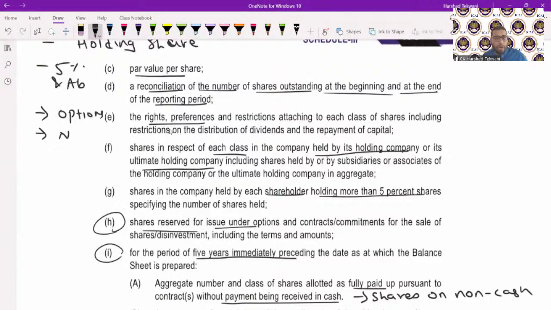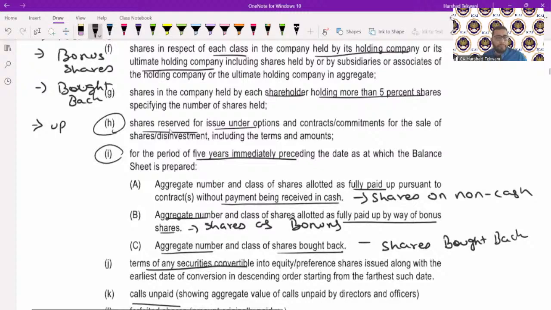We saw non-cash, then bonus shares, then bought back shares, then unpaid calls, then convertible, sorry, securities.